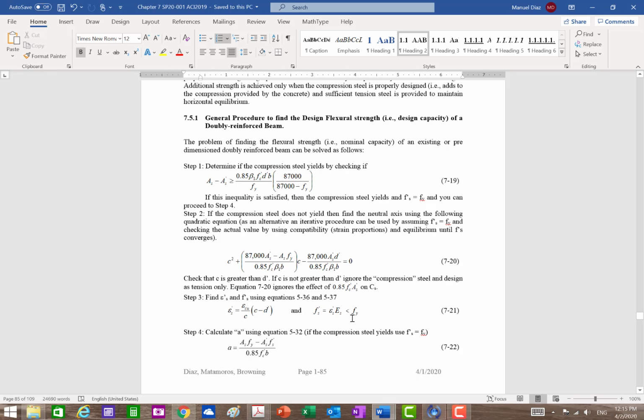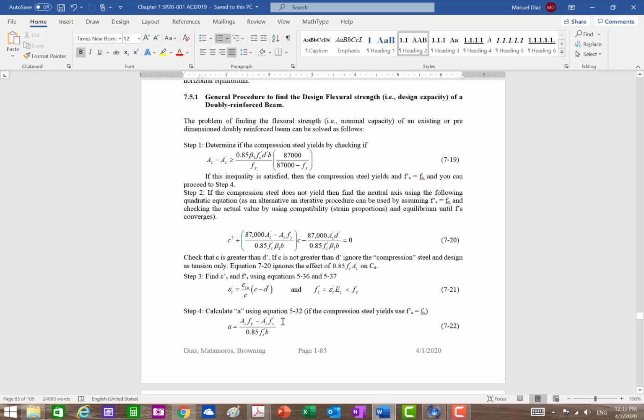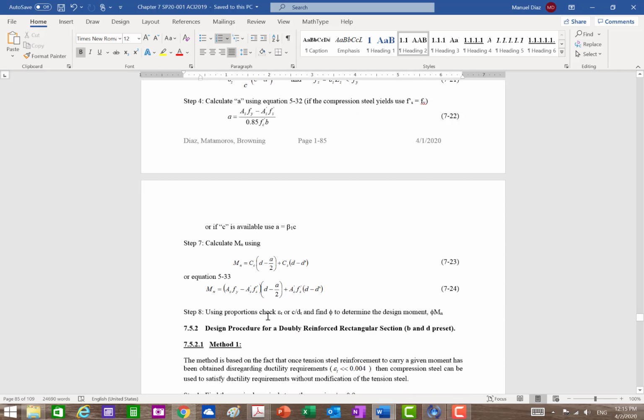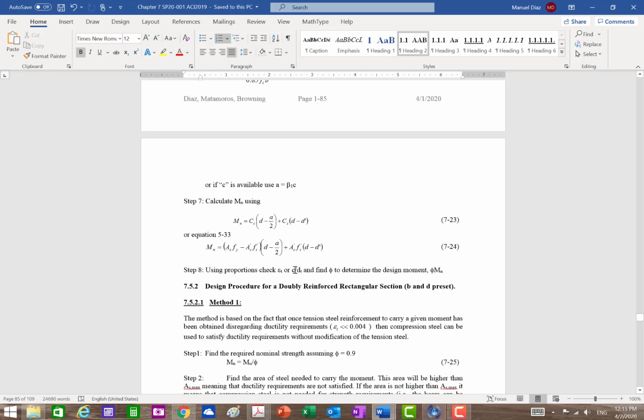These values should always be below Fy, right? And then we can use the formula here that we developed in chapter 5 to find the A value. And finally, of course, we will check our values. So that's kind of what we learned, some of the formulas that we have used.